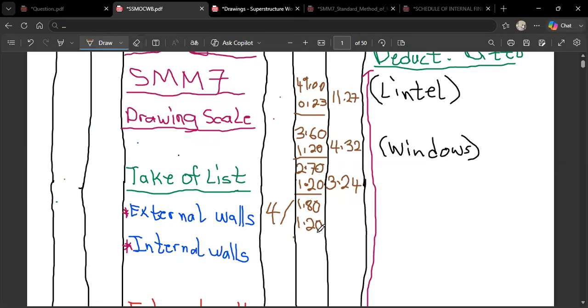So that is all of these windows, 8.64. Then from here we are now going to the washroom windows.